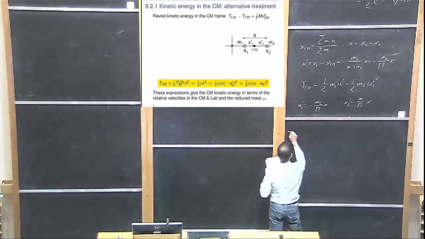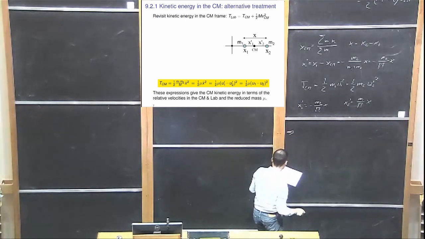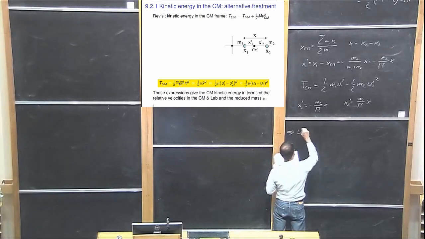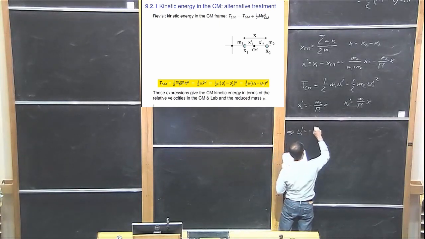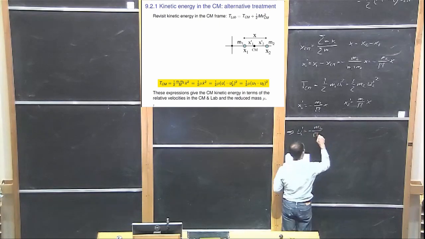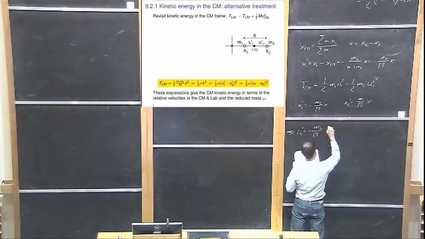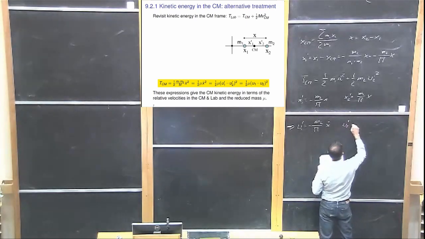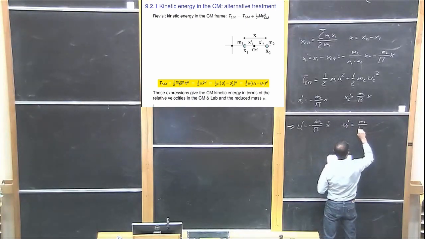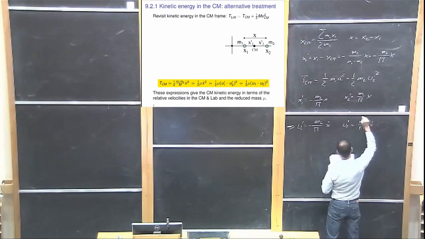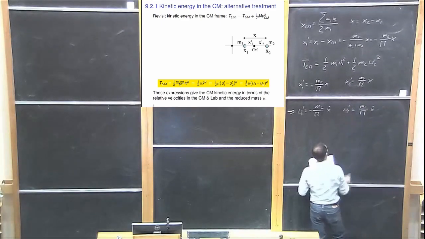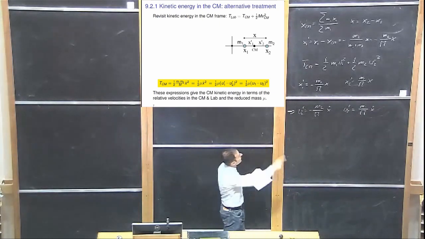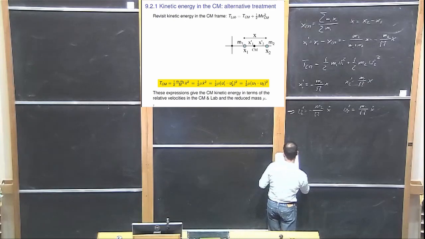From that, if we take the time differentiation, we end up with u1 prime equals minus m2 over M x dot, and u2 prime equals m1 over M x dot. And with this, we can rewrite the kinetic energy.